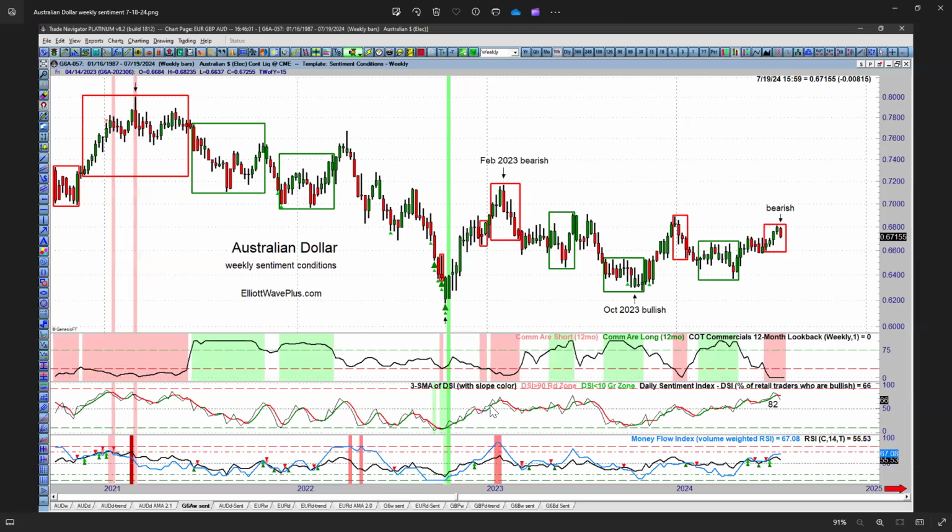So if the trend's been going up, retail gets very, very bullish toward the end of the trend, and almost all of retail traders are bullish toward the end of trends at the same time as commercials have been building positions against that trend. So it's the commercials that end up being right.